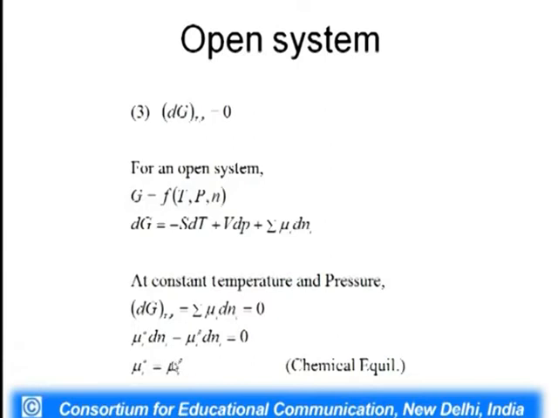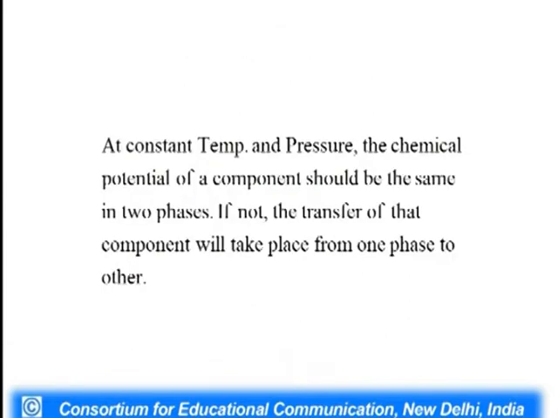Only when this becomes equal will there be no reactions, and that is known as chemical equilibrium. So at constant temperature and pressure, the chemical potential of a component should be the same in two phases. If not, transfer of that component will take place from one phase to another.